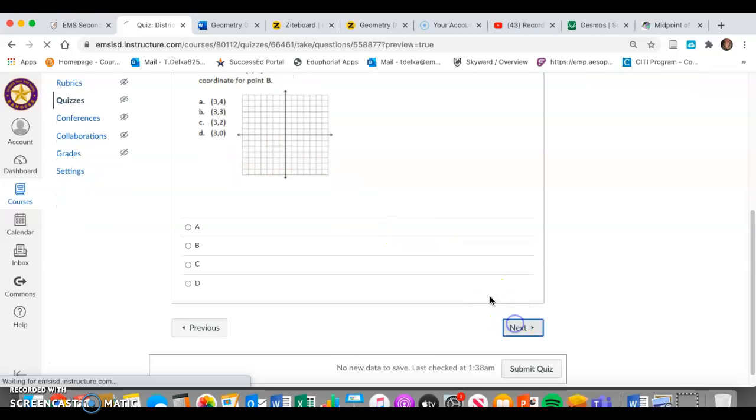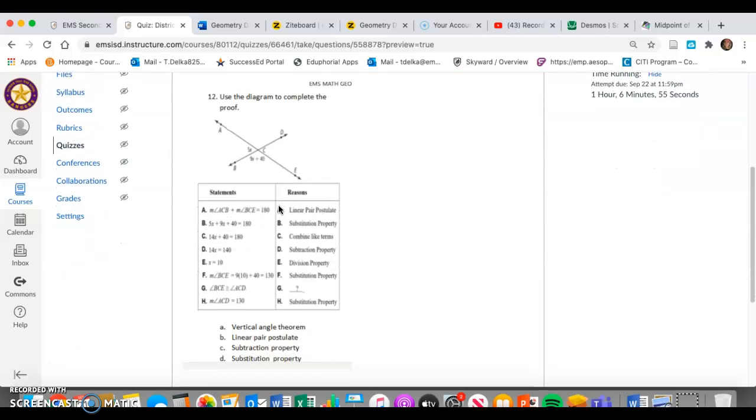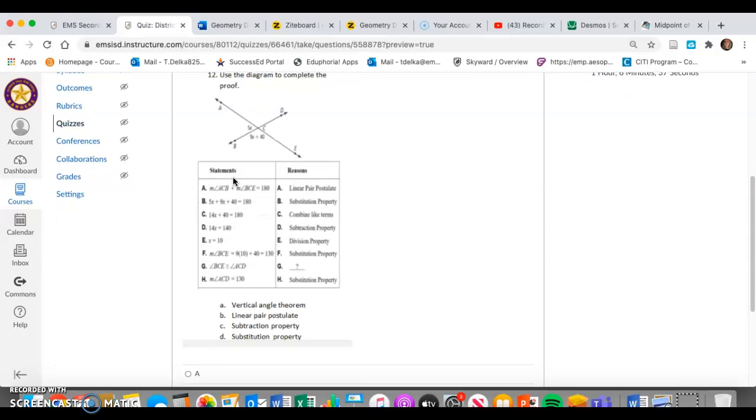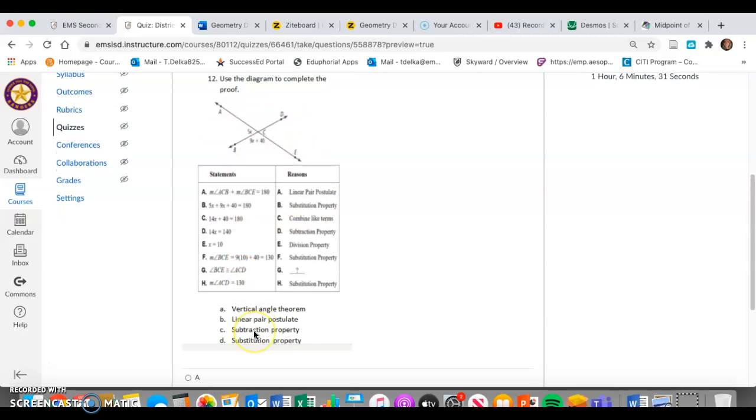Okay, I only have a few more minutes left on my recording, so I want to make sure I help you guys out. This very last one says use the diagram to complete the proof. Now again, I have not taught you proofs. I also did not teach you inverse and converse statements yet. And proofs we're really not going to stress too much about. I want you guys to try your very best. They give you all of this right here, and they want to know what's missing right here.